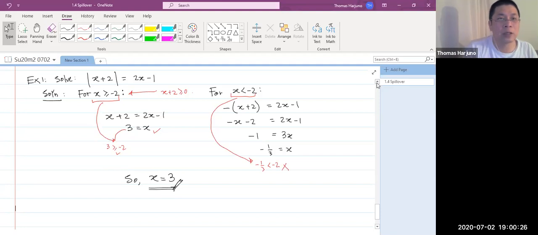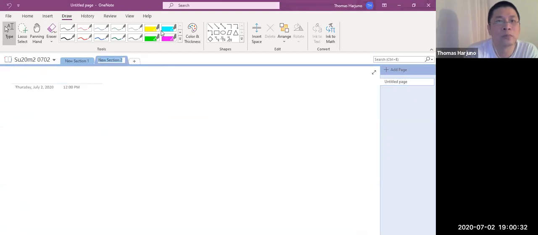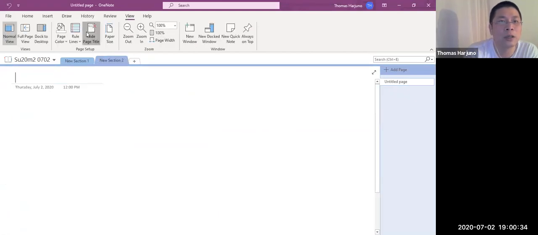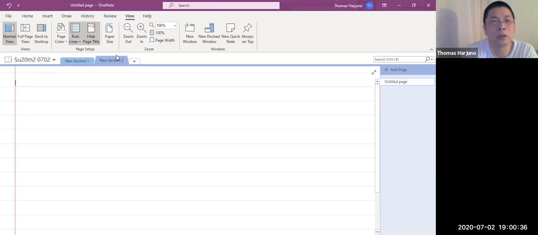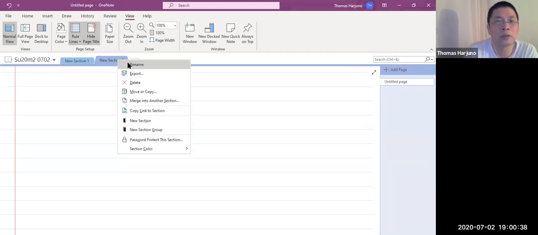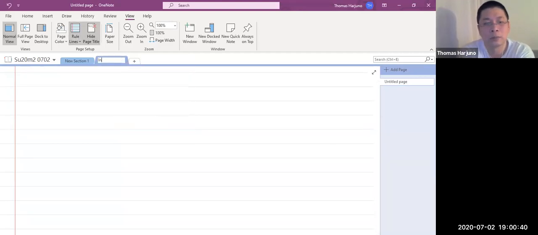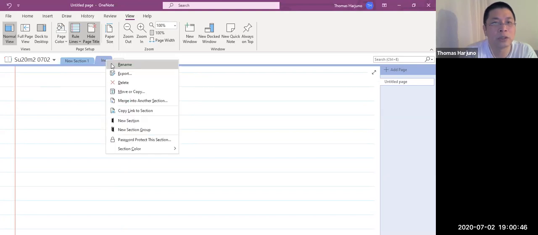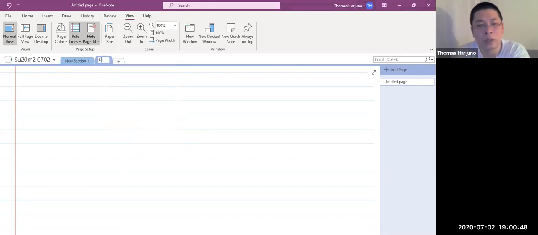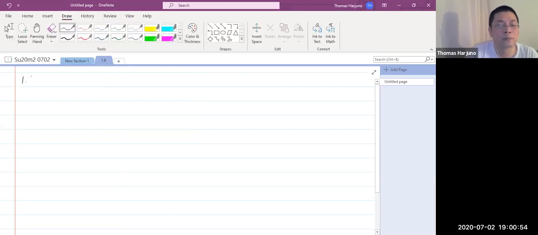Like I said yesterday, I skip 1.5 and go to 1.6, and that is solving inequalities. Change this here, I make it 1.6. And in 1.6, we will do inequalities.